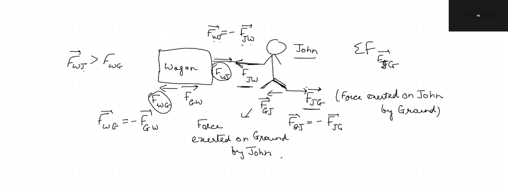So another example we can see is how a car moves on the road. A car also moves on the road, and we can explain it through Newton's third law of motion. The car's drive wheels push backwards on the road, and in reaction, the road pushes forward on the wheels with equal and opposite force.